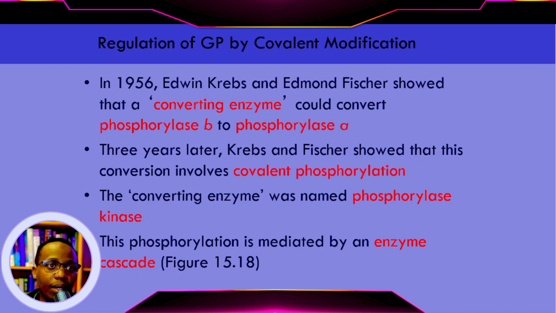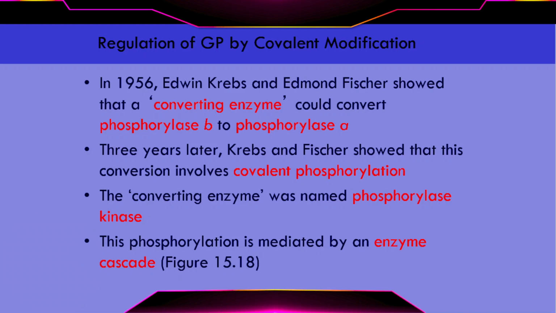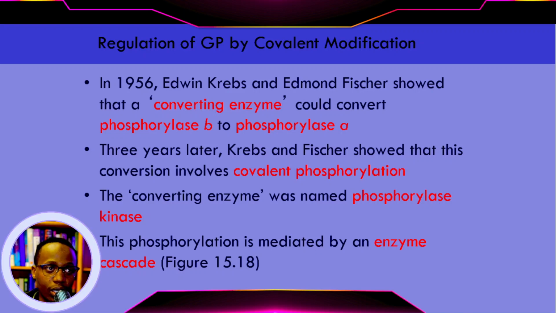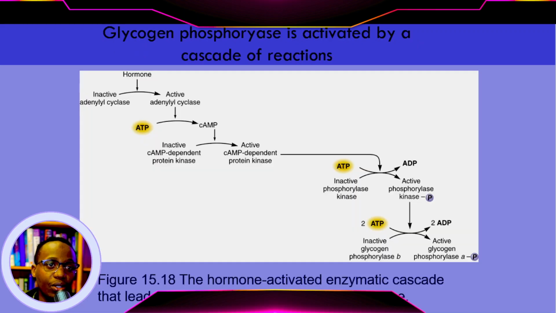So the enzyme was named phosphorylase kinase. And they found out that it's not just the phosphorylase kinase, by the way. The phosphorylase kinase, which is a kinase, comes in and phosphorylates our phosphorylase. So this is like a cascade, right? It is phosphorylated as well. But they found out that it's more than that. So it's even a bigger cascade. So it looks like this. So what does this mean?